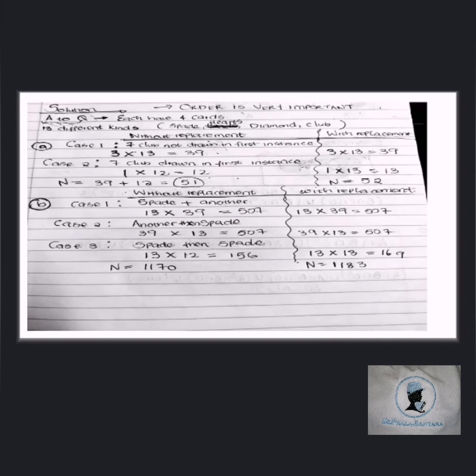So we still have 13 spades, because we replaced it. So we will say times 13, which will give us that. You can see that the sample space without replacement is 1170, and with replacement is 1183. Right.